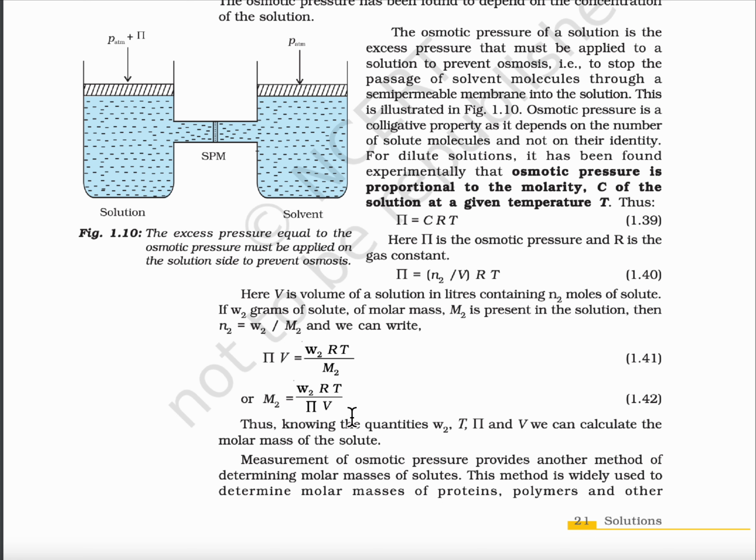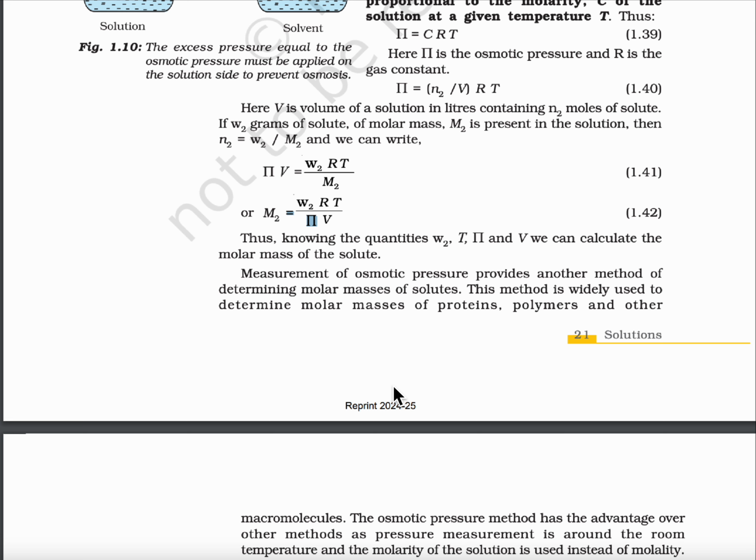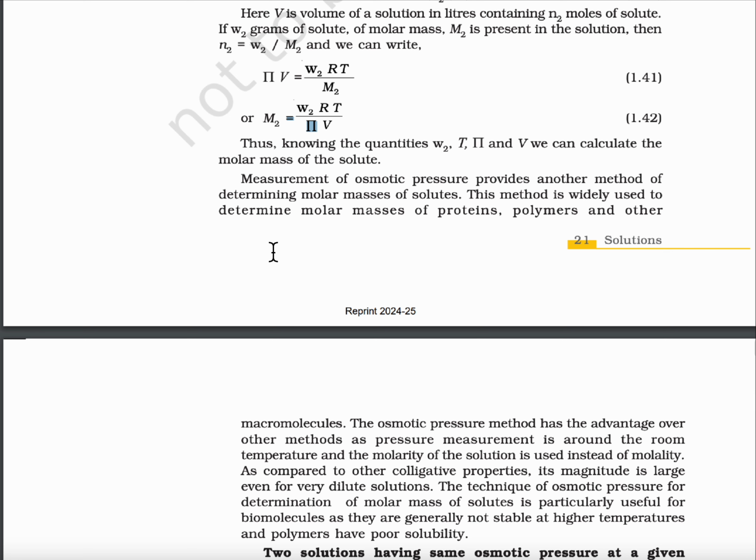That is, if it is a simple numerical, then generally you'll be asked to find the molar mass of the solute. You will have to know the formula, and these values will be given. From that you will be calculating the molar mass. Now thus, knowing the quantities W2, T, pi and V, we can calculate the molar mass of the solute. Measurement of osmotic pressure provides another method of determining molar masses of solutes.